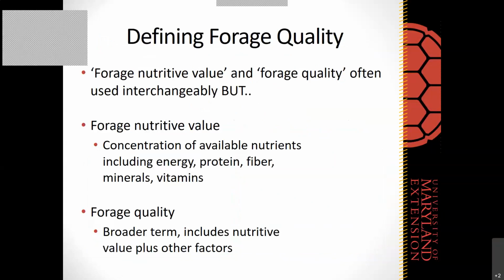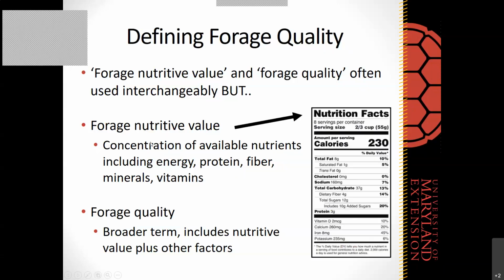But there is somewhat of a difference between these terms. Forage nutritive value is the actual concentration of nutrients. So, how much energy, how much protein, how much fiber, how many vitamins and minerals are in a forage. And forage quality is a broader term that includes that nutritive value, but also a lot of other factors that we'll get into in a minute.